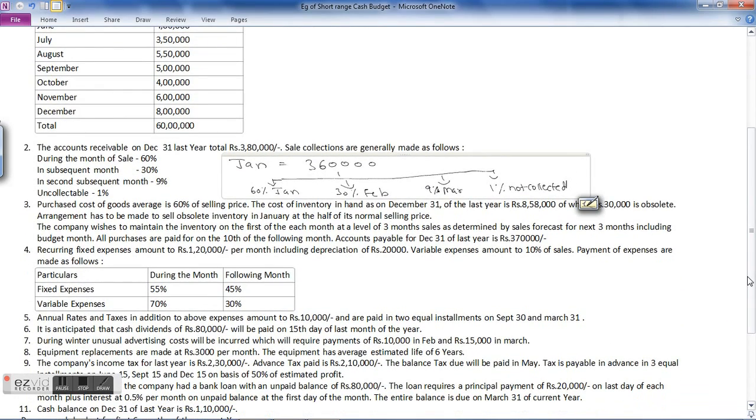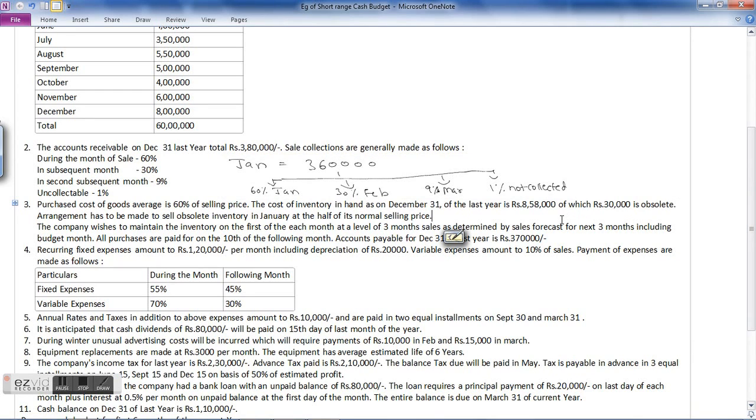Then the purchase cost of goods averages 60% of selling price. The cost of inventory in hand as on December 31st of last year is 8,58,000, of which 30,000 is obsolete. Arrangement has been made to sell the obsolete inventory in January at half of its normal selling price.